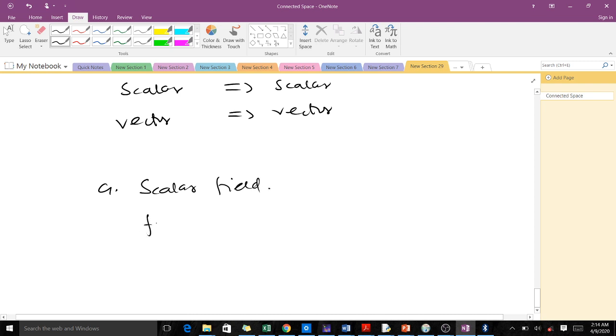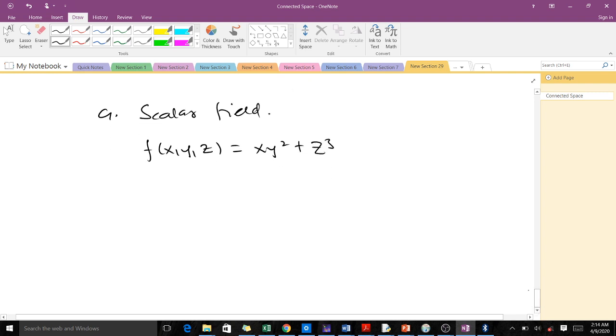Let's take this scalar field f of x, y, z equals xy squared plus z cubed. We are supposed to find the Laplacian of this particular scalar field. The Laplacian of this scalar field will give us del squared over del x squared, everything here.